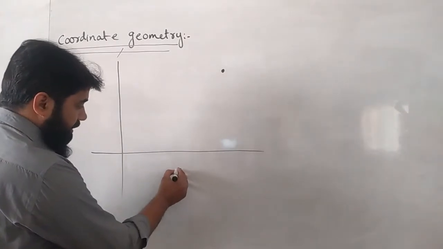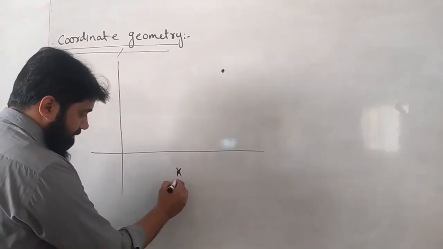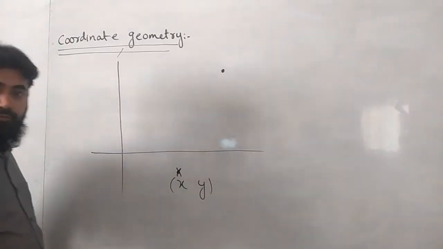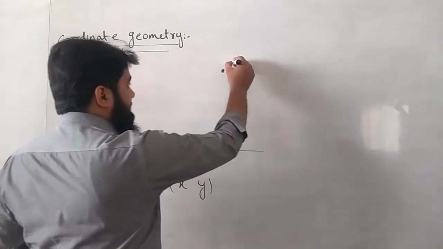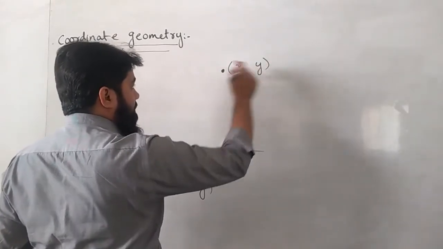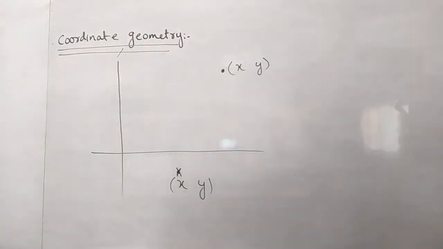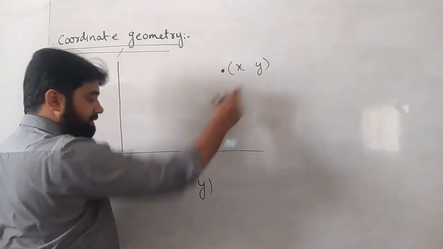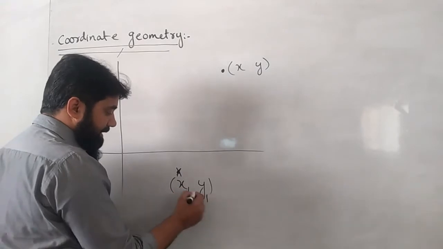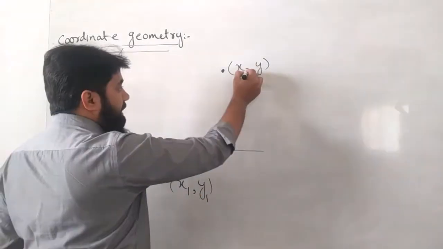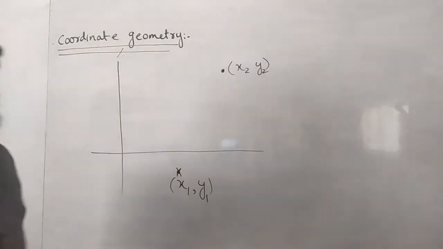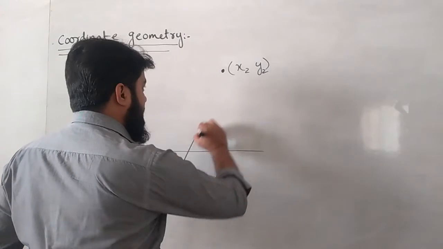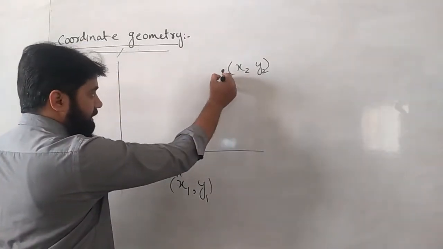This one will have an x coordinate and a y coordinate, and this one will also have an x coordinate and a y coordinate. To differentiate the coordinates, I am writing them as x1, y1, and x2, y2.